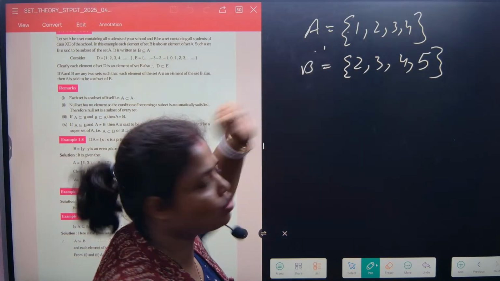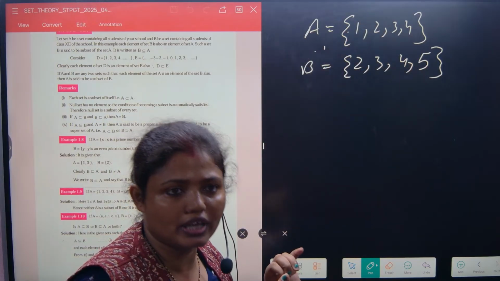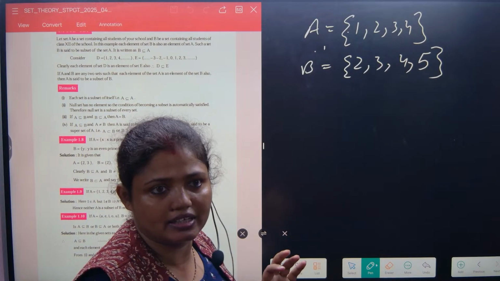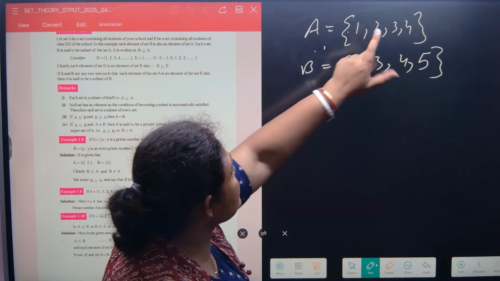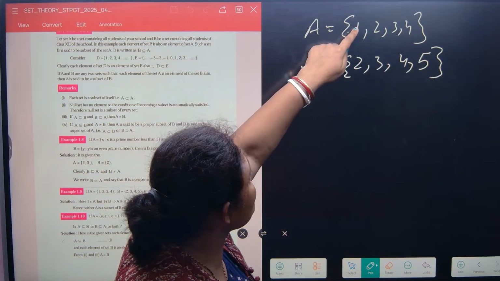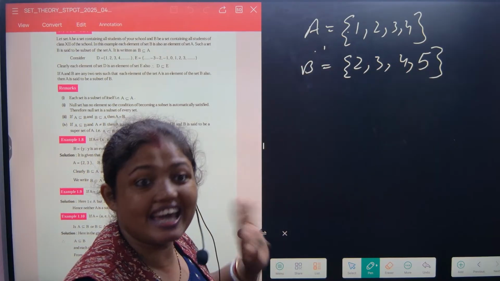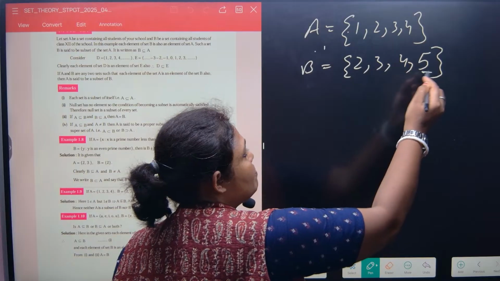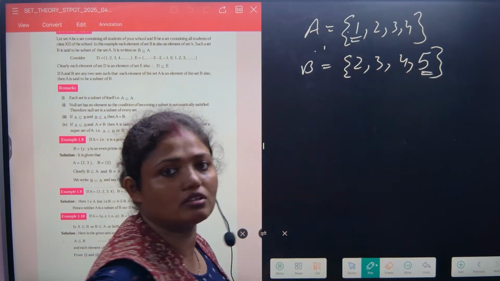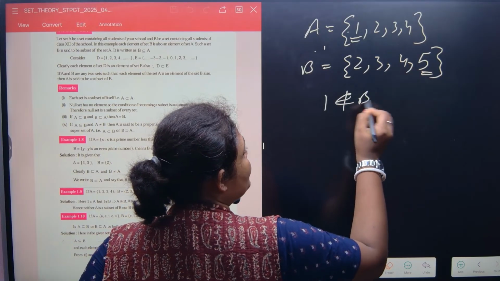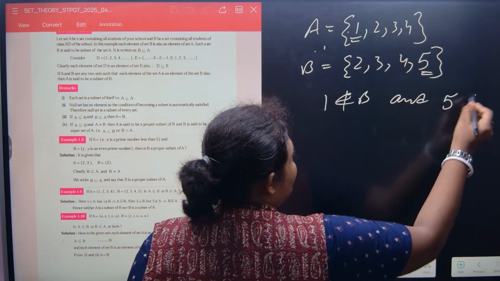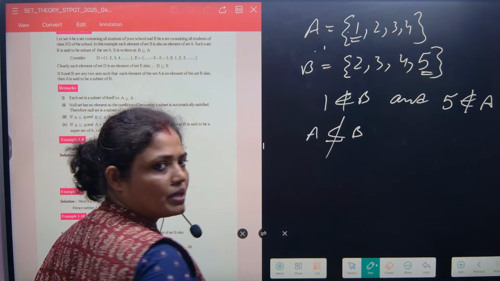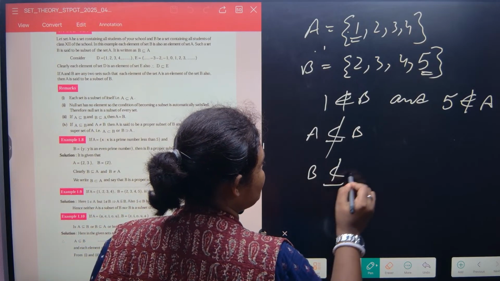Since 1 does not belong to B, and 5 does not belong to A. For a subset, each and every element must belong to the other set. Here A cannot be a subset of B because element 1 of A does not belong to B. Again, B is not a subset of A because element 5 does not belong to A. So you can't write A is a subset of B or B is a subset of A.